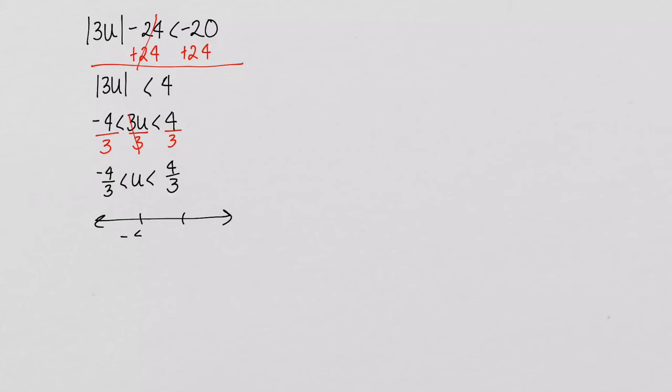And you don't need to plot any other numbers besides the numbers you're interested in. Oftentimes it just confuses the students a lot more if they start to plot like 0 and 1, 2, 3, just plot the things you're interested in. Save yourself the time, the effort, and the possible confusion. So there we go. We have our number line graph and we have our interval answer.